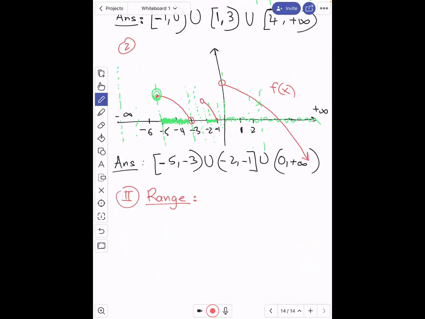The range of a function f is the set of all y values. Okay, it's not the x values, but the y values the function attains.